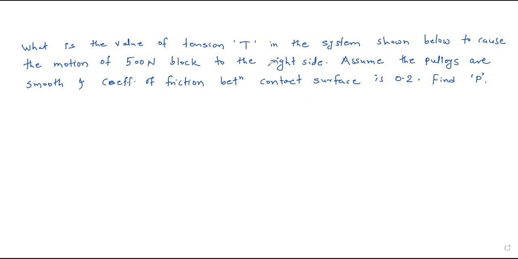Now I will draw the diagram of this. So the diagram is also given. This is the inclined surface. Then it is horizontal. Now this is the connected motion. So here is one block, and the second block is kept over here.